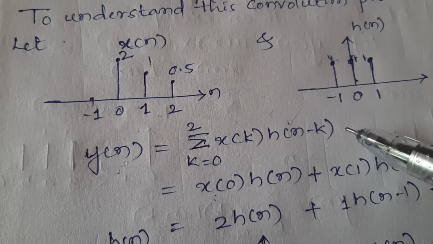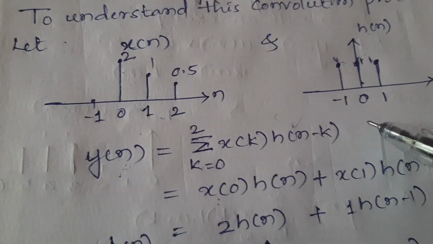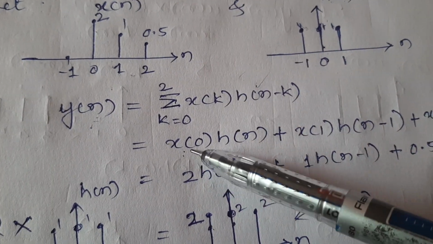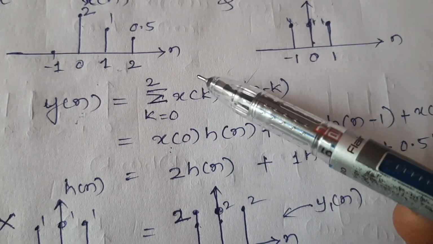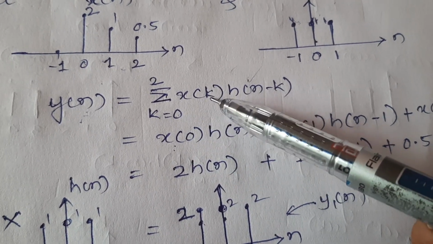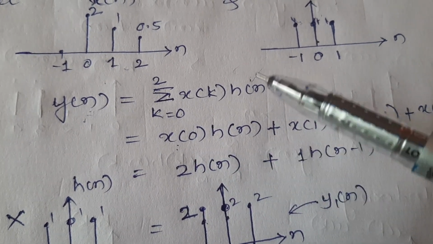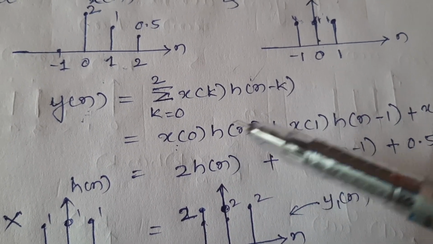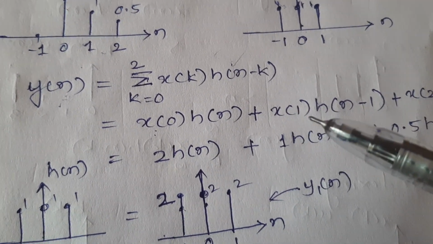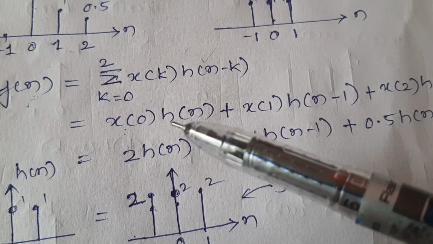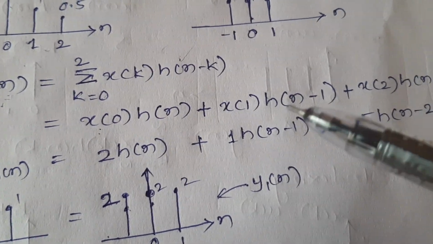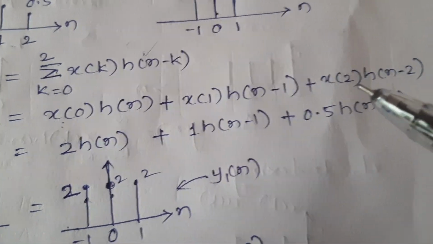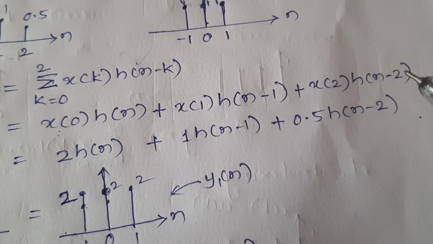If I expand this equation, when I put k as 0, it becomes x of 0 h of n, plus x of 1 when k is 1, h of n minus 1, plus the next value x of 2 and h of n minus 2.